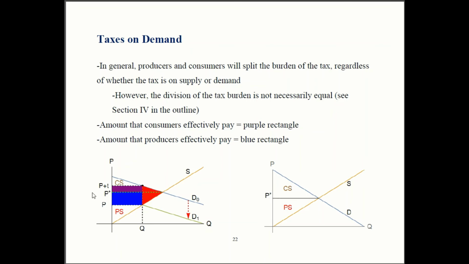So maybe originally you're paying $7 for a widget. If you add a tax in place, maybe your price plus tax is now going to be $8, so you're paying $1 more effectively. So that gap between P plus T and P star is the amount that consumers effectively pay per unit. To continue my example, let's say prices were originally $7.